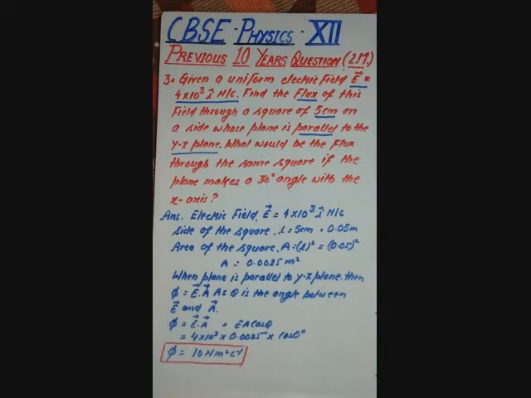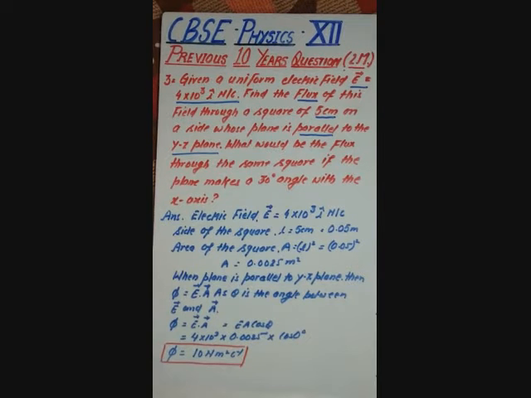In the second part of the question: what would be the flux through the same square if the plane makes an angle of 30 degree with x-axis?